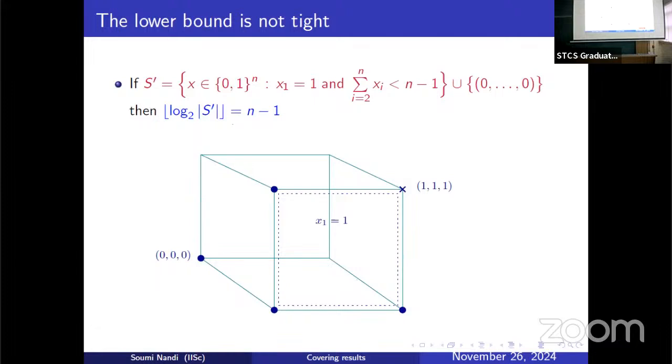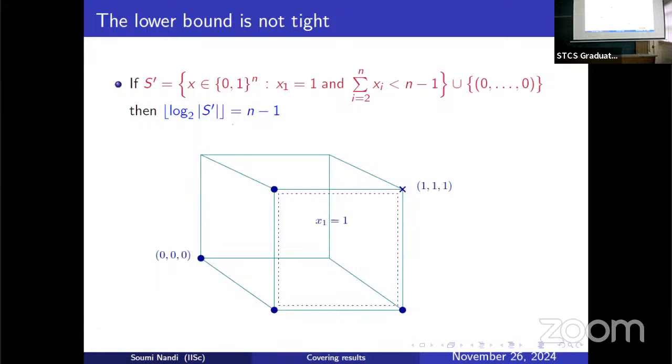Instead, I am taking all the 0 ones, and this set is S prime. Now I want to cover all the points outside S prime while keeping the points in S prime uncovered. Now, the log of the size of S prime is just n minus 1. So the lower bound gives that only a linear polynomial, a degree 1 polynomial or a hyperplane, will be sufficient.